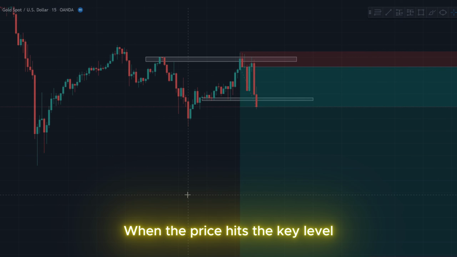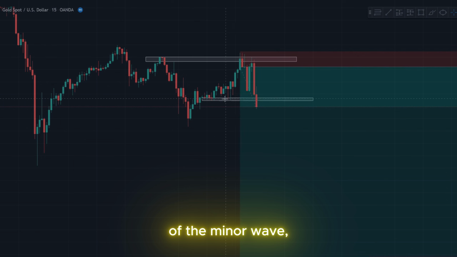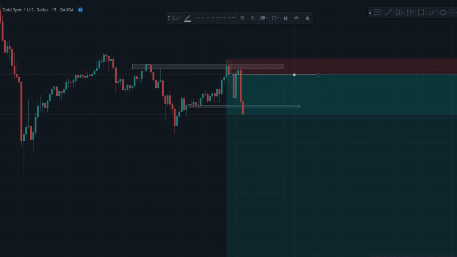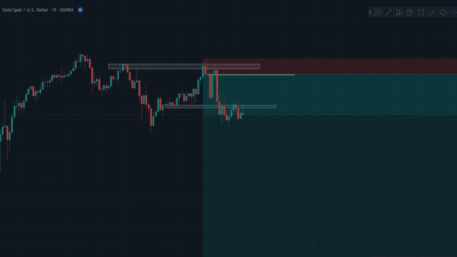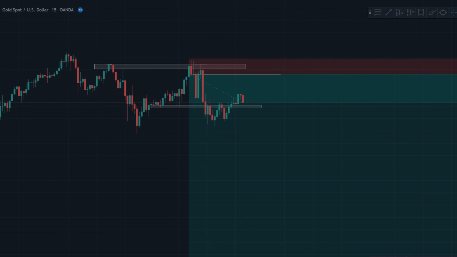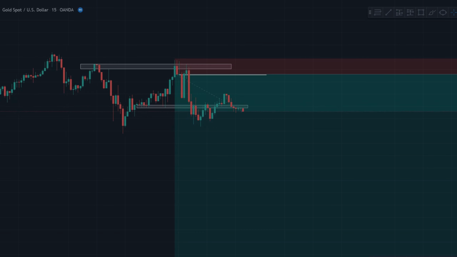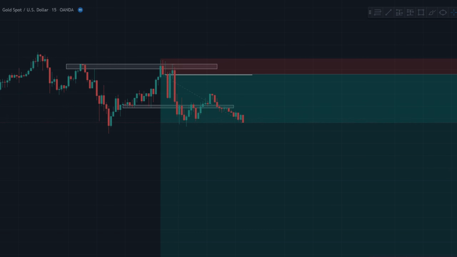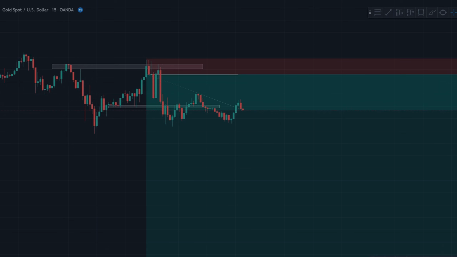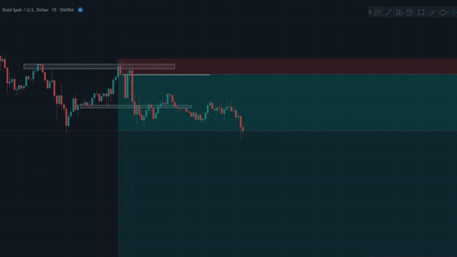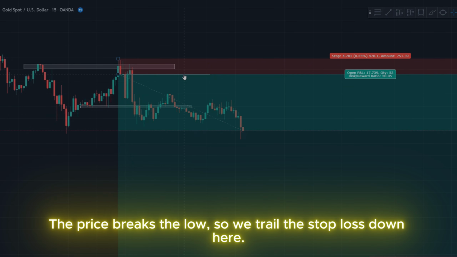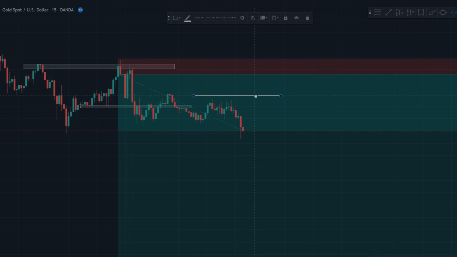When the price hits the key level of the minor wave, we trail the stop loss to our entry point. The price breaks the low, so we trail the stop loss down here.